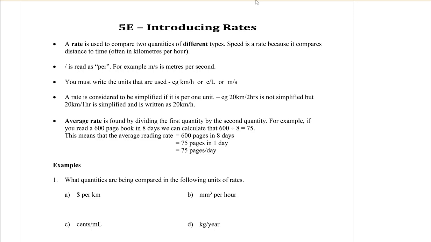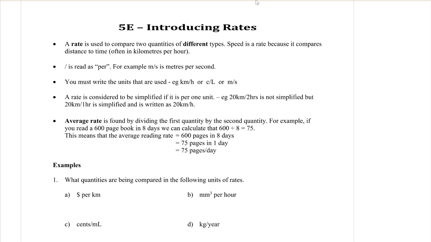When we move on to rates now, slightly different. A rate is used to compare two different quantities. Now, I'm not talking about meters and kilometers because they're both distances, right? I'm talking about two completely different types of units, like meters and seconds, to do a speed, meters per second.